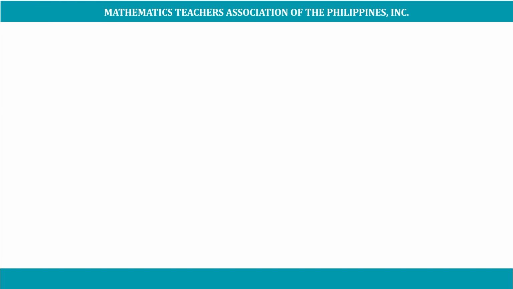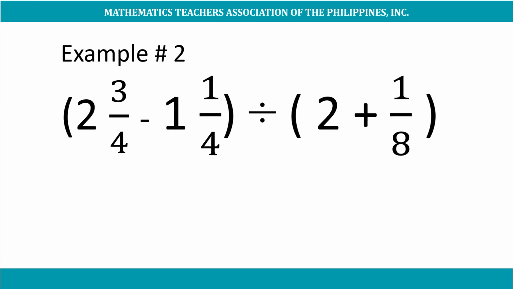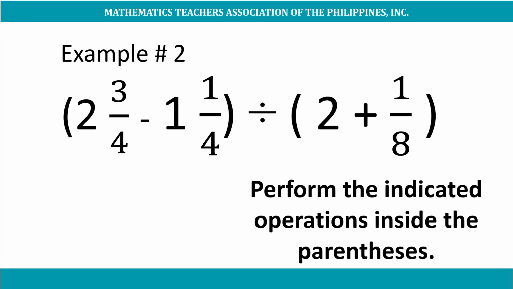Now let us try this one. The quantity of 2 and 3/4 minus 1 and 1/4 divided by the quantity 2 plus 1/8. First, perform the indicated operations inside the parentheses. So, 2 and 3/4 minus 1 and 1/4. The answer is 1 and 2/4.